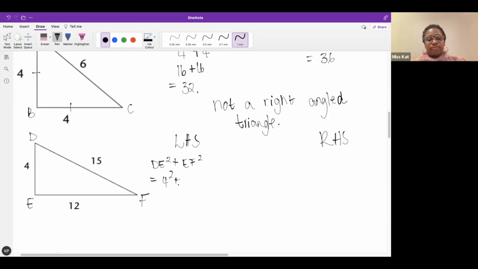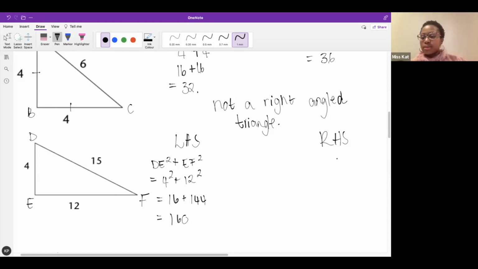It's going to be 4 squared plus 12 squared. 4 squared is 16, plus 12 squared is 144, plus 16 equals 160. Wonderful. So my left-hand side is 160.